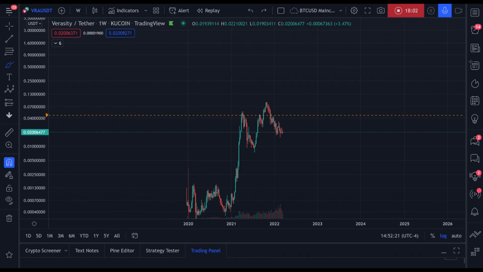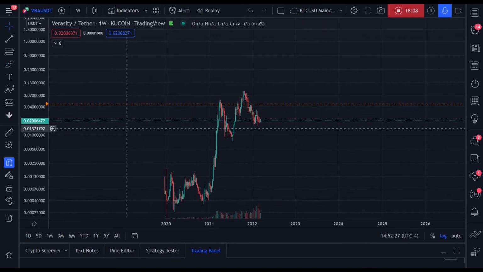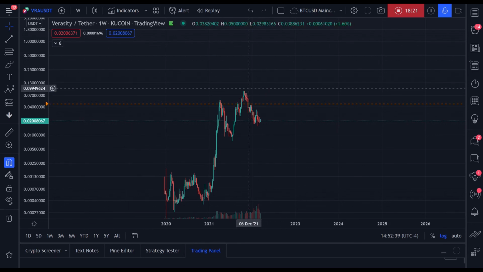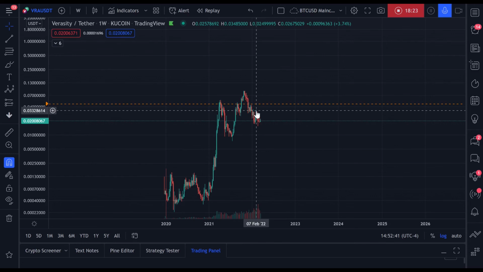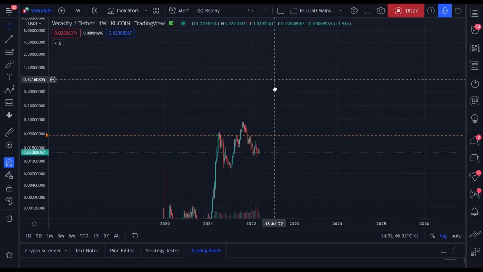Now, what is a projection for where we can go with VRA? I mean, it's really hard to say, given that we don't have much information. However, if this is a wave 4 and we have 5 waves to go after this, right?